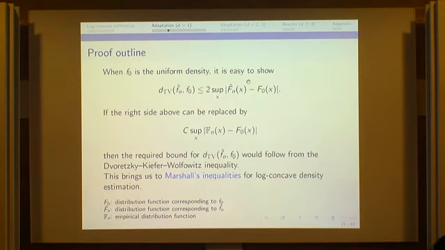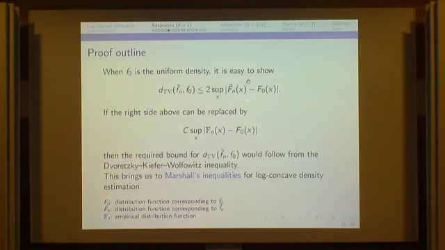Okay, so it's okay to show the first part, and then we assume this scenario. If this quantity can be replaced by that quantity, which is a supremum distance between the empirical CDF and the true CDF, then we'll be okay, because this can be upper bounded by n to the minus half with the famous Dvoretzky-Kiefer-Wolfowitz inequality.